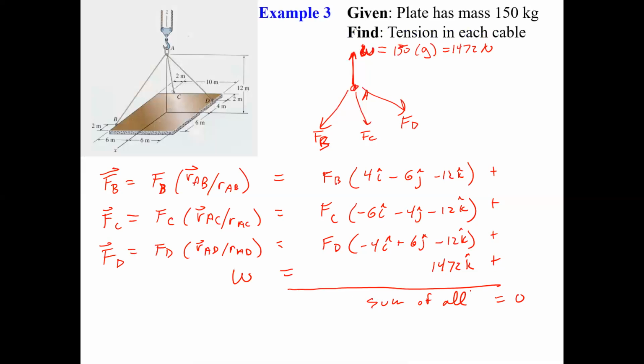It's only in the k direction, and it's acting upwards at A because that has to counterbalance the plate itself. Good question. Anytime I do anything weird like that, you have to ask me why I did that. Because it's weird to see the weight going up, isn't it? Gravity didn't change here. It's just that that's the magnitude of the force that has to support the plate to keep it from falling.